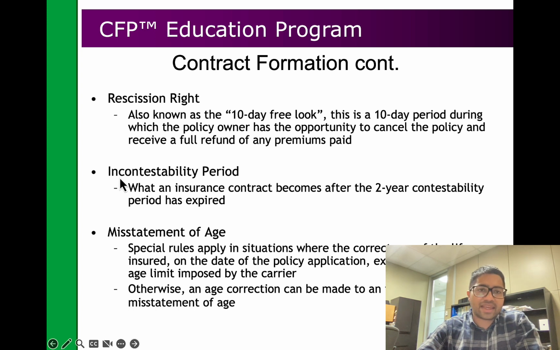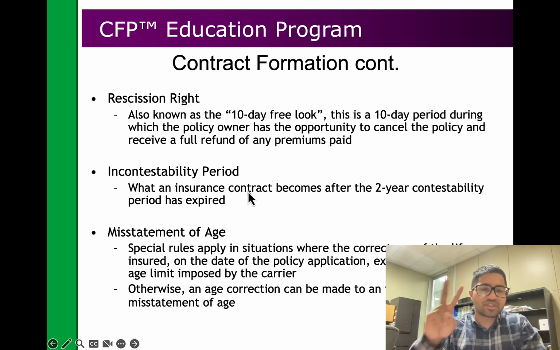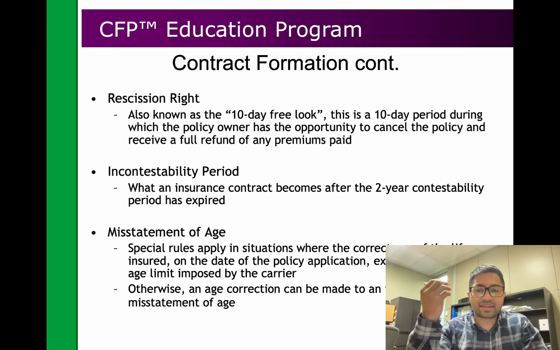Then there is the incontestability period. What an insurance contract becomes after the 2-year contestability period has expired. Incontestability means the insurance company has 2 years to cancel the policy or contest the policy. Contest means argue the policy, if they find some material facts have been missing.